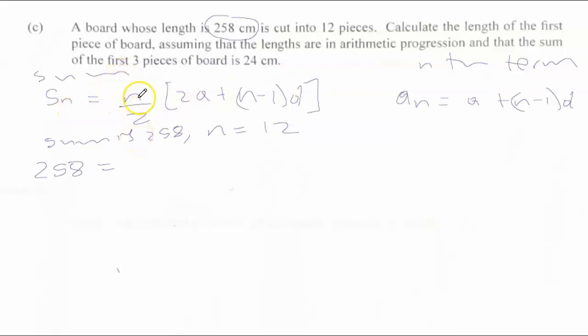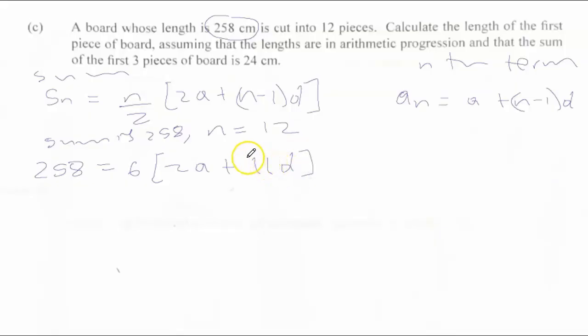12 over 2, that's 6, into what we have in the bracket. We'll have 2a plus n minus 1, which is 12 minus 1, that's 11, so 11d.